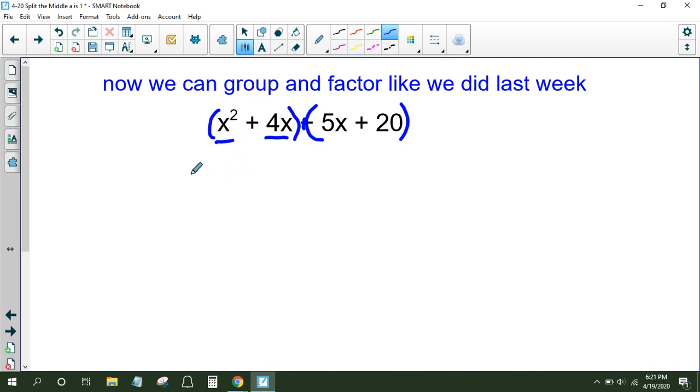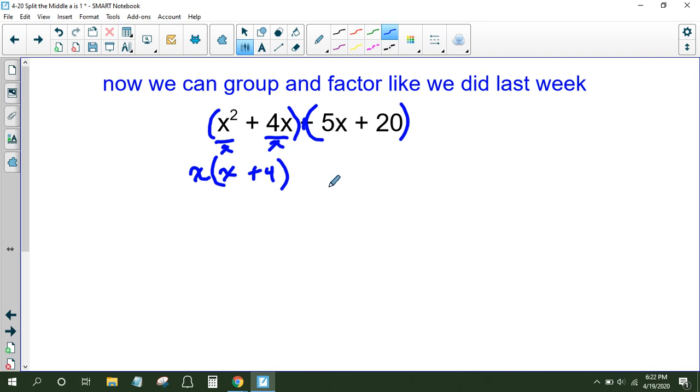In this case, it's just x. So that gets pulled out. x squared divided by x leaves us with x, and 4x divided by x leaves us with 4.